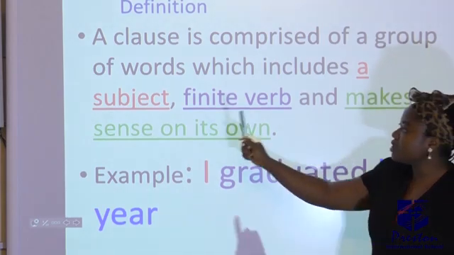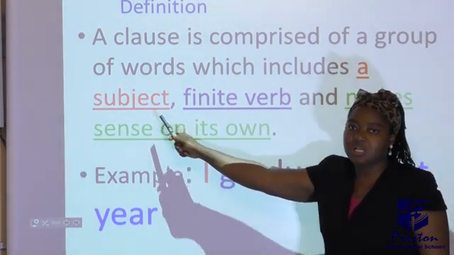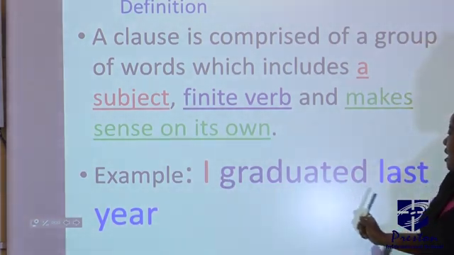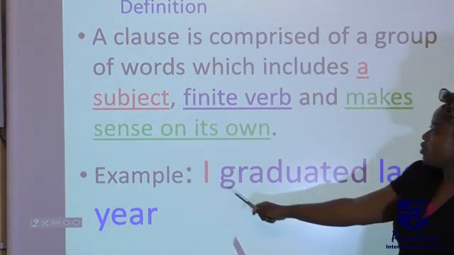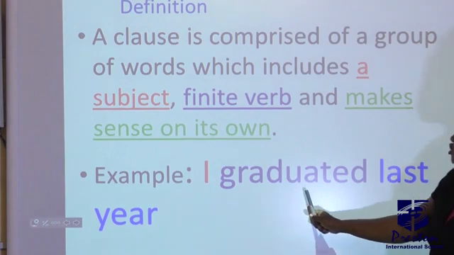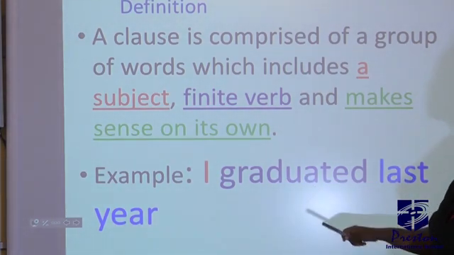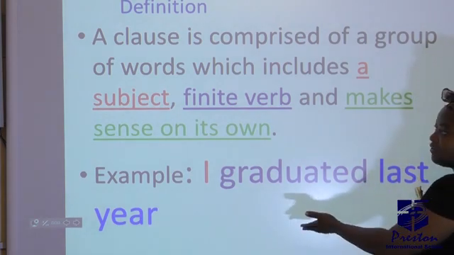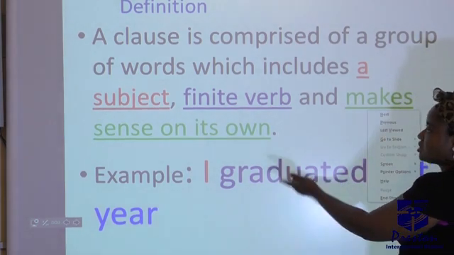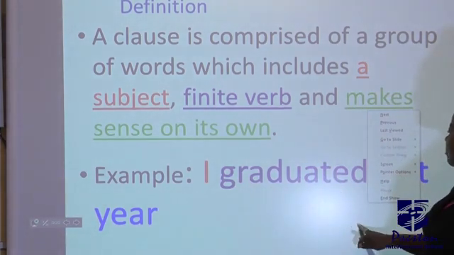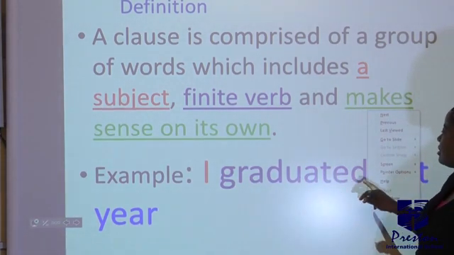Anything you see in red color is a subject. Example: I graduated last year. So I is the subject, graduated is the finite verb in this sentence. This qualifies to be called a clause because it has a subject, it has a finite verb, and it makes sense.